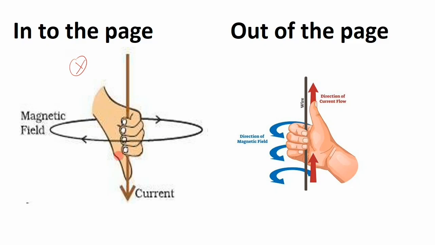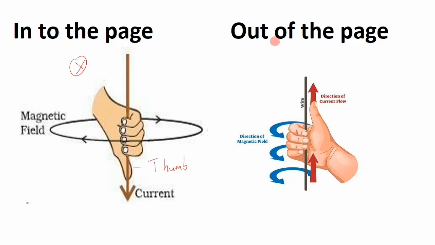We'll hold out our hand like this, and the thumb, remember in the right hand rule, the thumb indicates the direction of the current, and the curl of your fingers represents the direction of the magnetic field. So now the thumb indicating the current will be facing down, and if you look at the direction of the curl of your fingers, it is in a clockwise direction, meaning when the current is going into the page or away from the observer, the magnetic field will be in a clockwise direction.